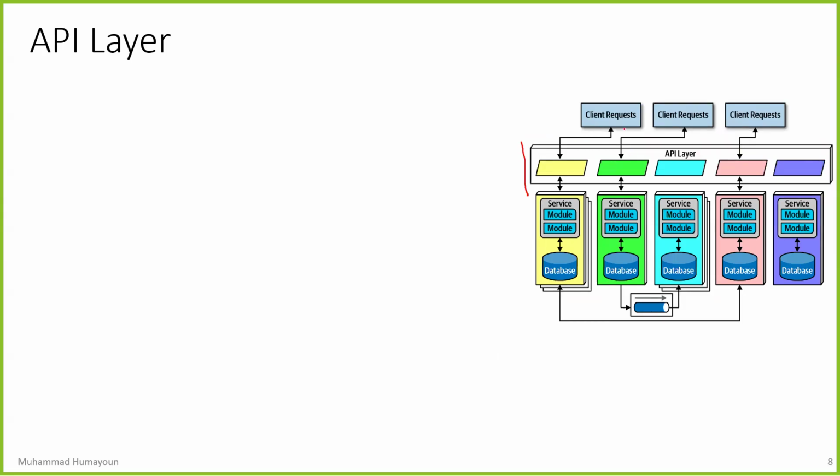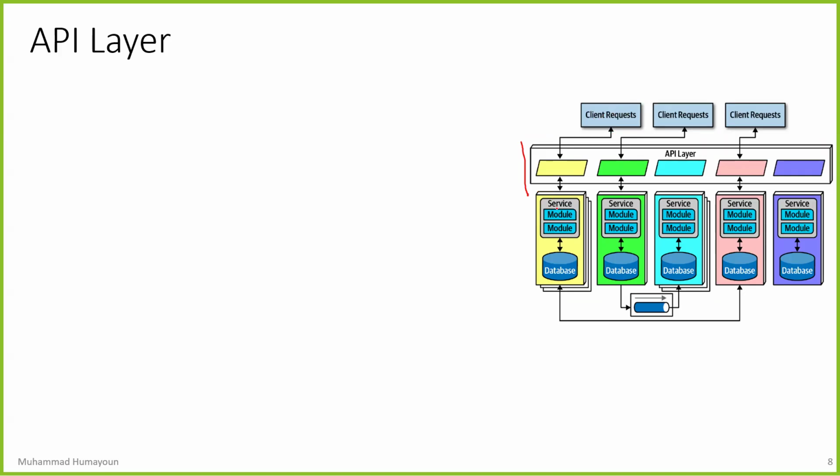Here, the idea is that all the requests will come from this API layer. It can be some kind of API implemented as a RESTful API, just like you did in your lab number 2, assignment 2. So it can be an endpoint through which you can communicate with this service. It's always good to have an additional layer so that your service is not directly exposed.